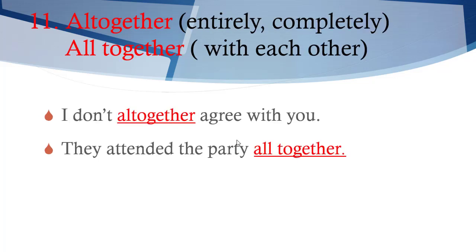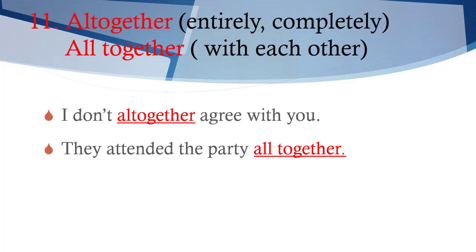Now comes altogether and all together. The first word is altogether and the second is all together. The first word, altogether, means entirely, wholly, completely, whereas the second, all together, means with each other.